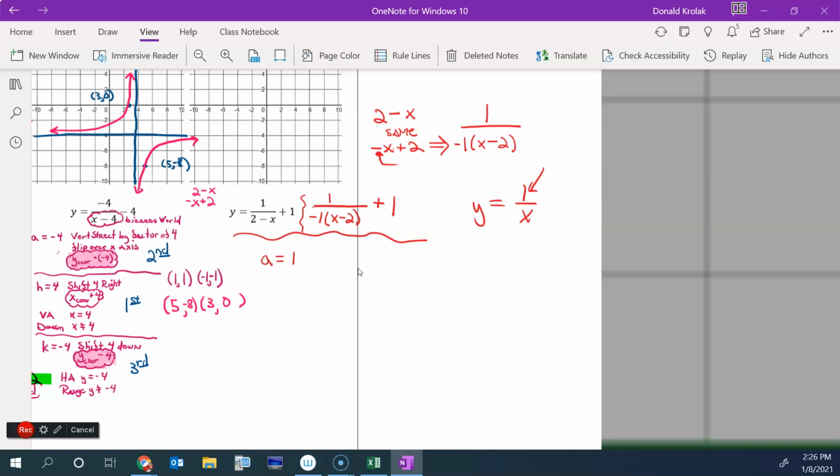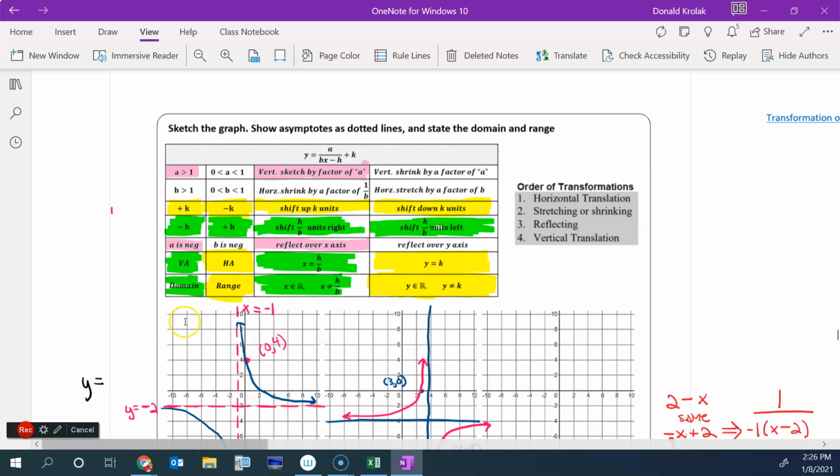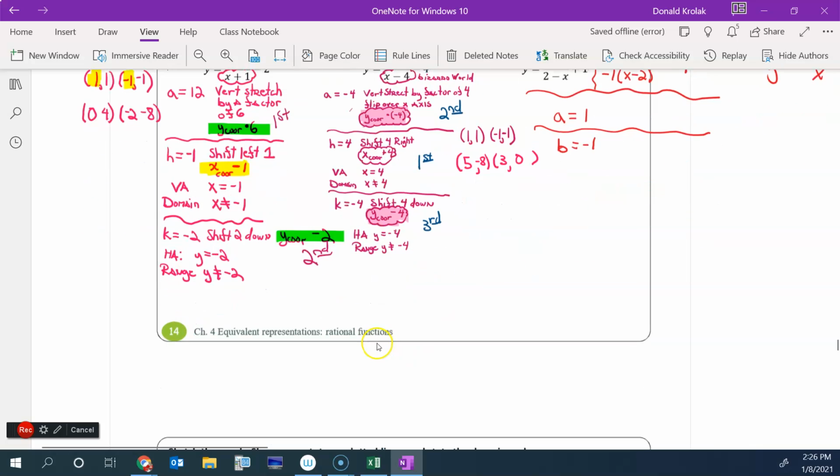Okay, now you have a b value that's a -1, so that's new. Now, what that does, when b is -1, it's going to take our graph and flip it over the y-axis right here. When b is negative, it's going to flip the graph over the y-axis. All right, so that's the effect of that.